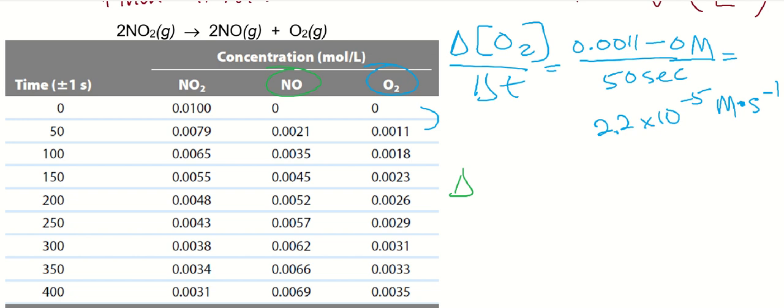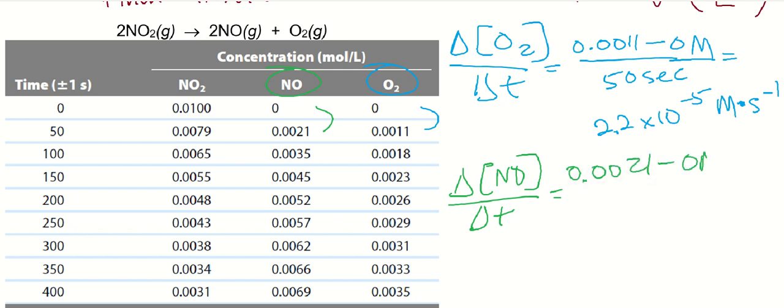Now these numbers aren't exact, so the rate that NO is being formed is the change in concentration over the change in time. Okay, and if you do that, you're going to do final minus initial, 0.0021 minus 0.